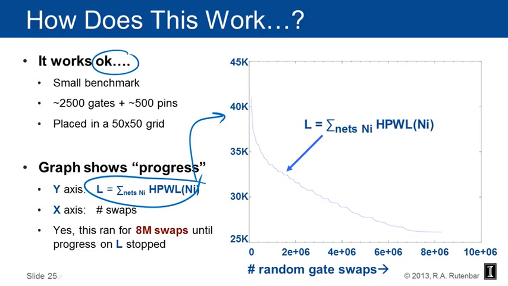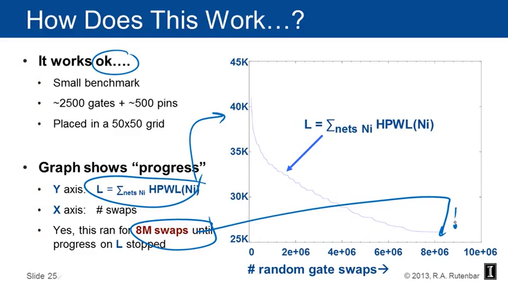So it takes longer and longer to find something that actually improves things. And the rate at which the improvement happens is falling off pretty dramatically. This particular design actually ran about 8 million swaps to get this result. And this is okay. This is not great. Trust me, this is not great, but this is okay.